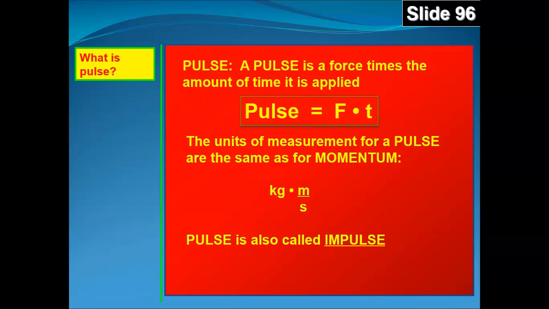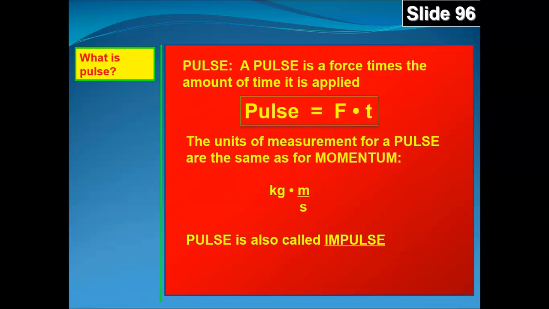So impulse. An impulse is kind of the opposite side of momentum. It's what it takes to stop a momentum. So impulse is force times the amount of time applied. So it's force times time. The units of measurement for impulse are the same as momentum. So that means that an impulse can oppose a momentum.